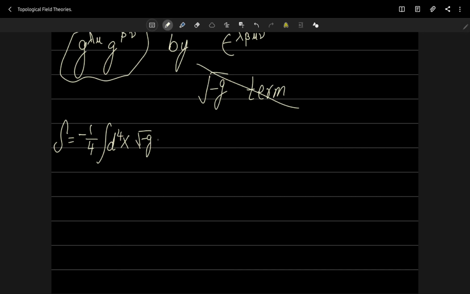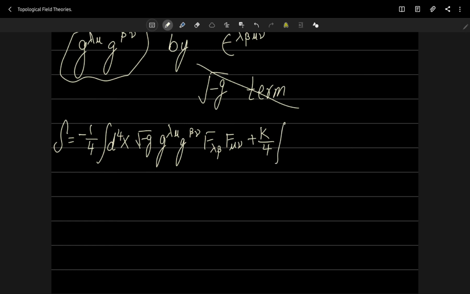This is the electromagnetic action that I'm writing down over here: g lambda mu, g beta nu, f lambda beta times f mu nu. And now we'll write the topological action, that is the weight factor for these terms that I'm going to write down.